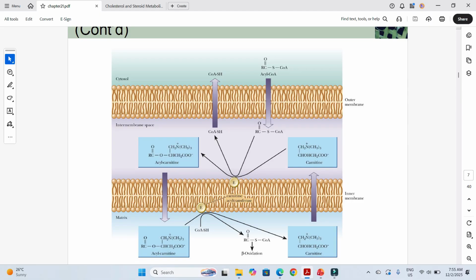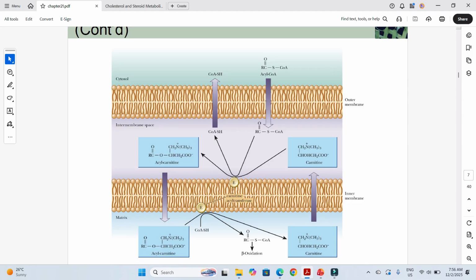What about the fatty acyl carnitine? This fatty acyl carnitine will be transported to the mitochondrial matrix. Why? Because of a transport protein. There is a gate or protein that allows fatty acyl carnitine to cross the inner mitochondrial membrane.